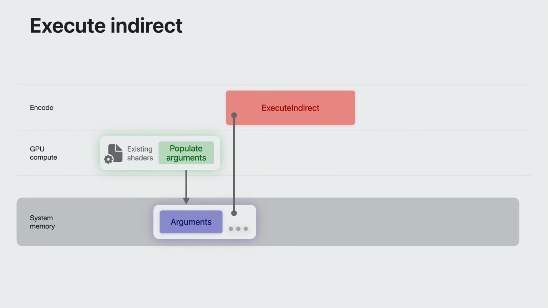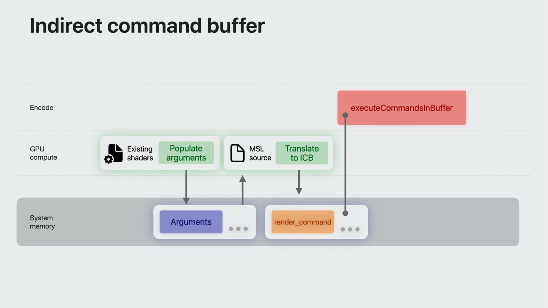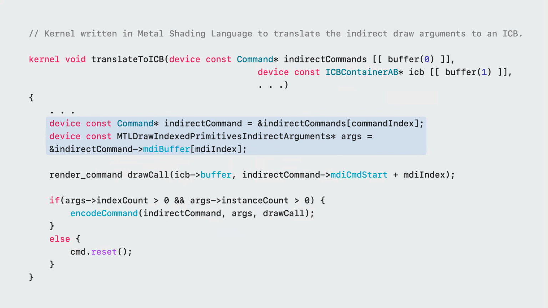Then, translate draw arguments to ICB by adding a small compute kernel after indirect argument generation and before the indirect rendering pass. To encode the ICB in your compute kernel, write it in the Metal Shading Language. As input to the shader, there is a pointer to the indirect arguments you want to translate.